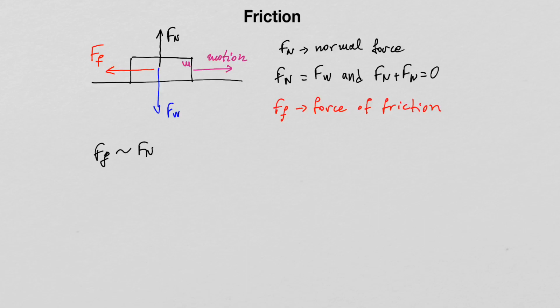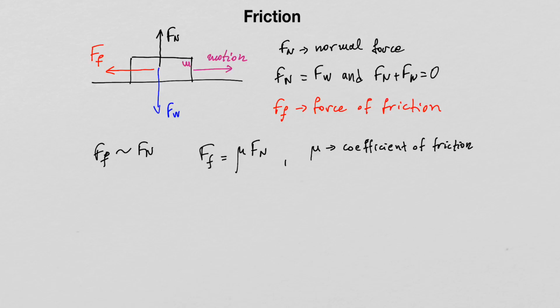So through experiment, people have found that the force of friction is proportional to the normal force. Well, it turns out that the coefficient of proportionality depends on the materials that are in contact, and this coefficient is called the coefficient of friction.